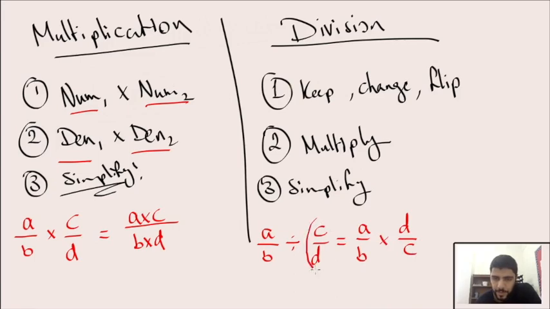Notice that I flipped the second fraction and I changed the sign, right? And so the result, if we take that one step further, is a times d over b times c. Okay? And the reason we can do that is because division is just multiplication with the reciprocal.